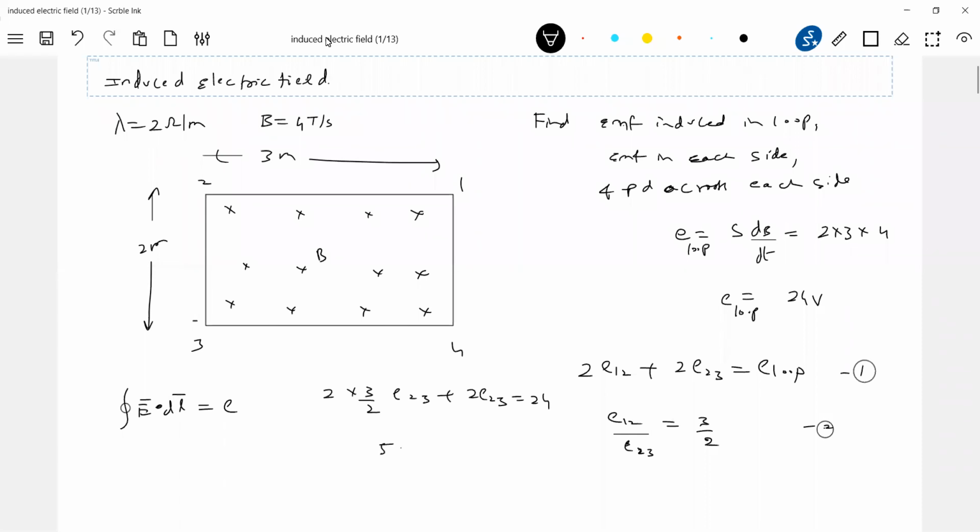So 5 E23 is equal to 24, or E23 equals 24 by 5, which is 4.8 volt. Then how much will E12 be? 3 by 2 times 4.8.